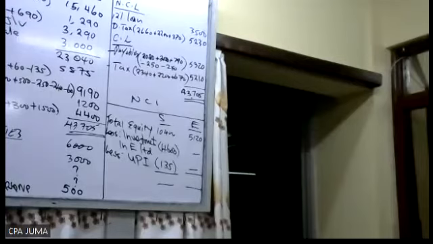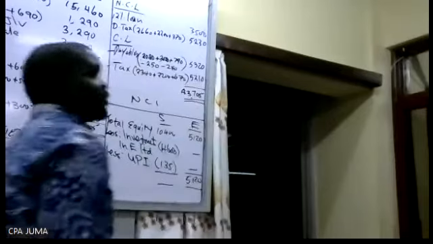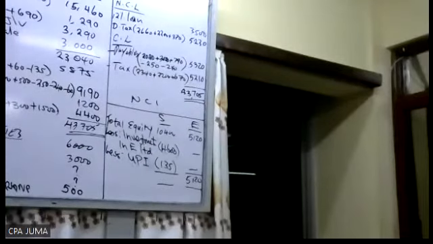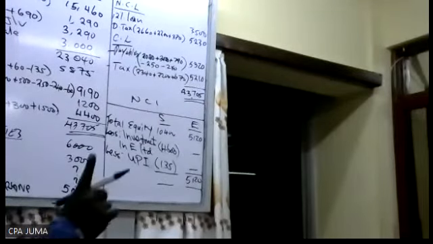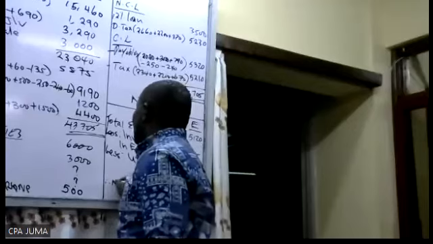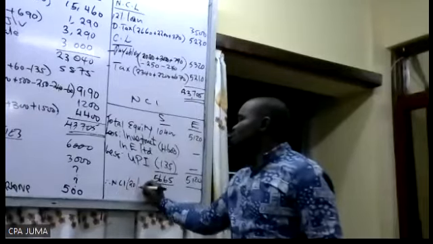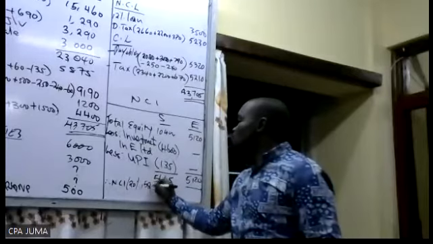So how much will the NCI be? For E, if you adjust, this one is 5120. How about S? 5665. And therefore NCI in S gets 20%, in E gets 52.